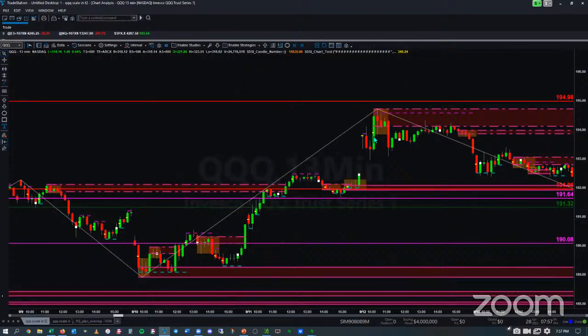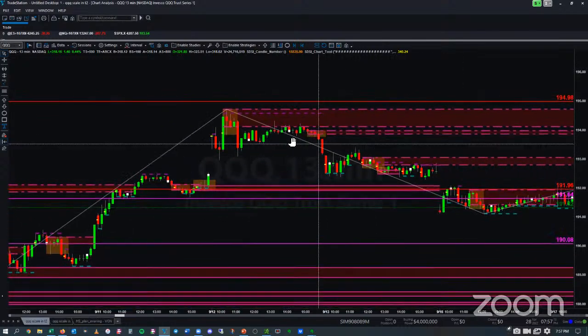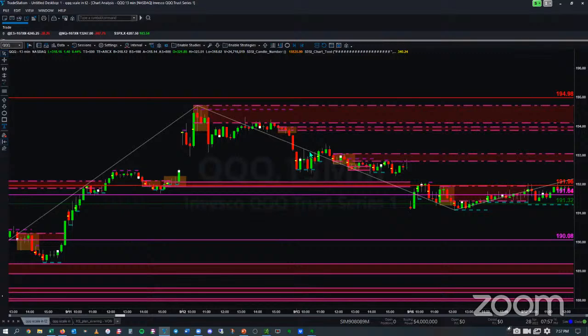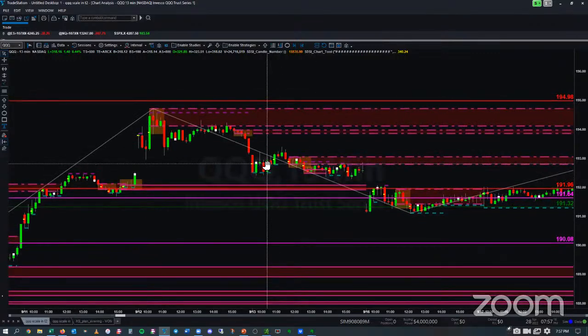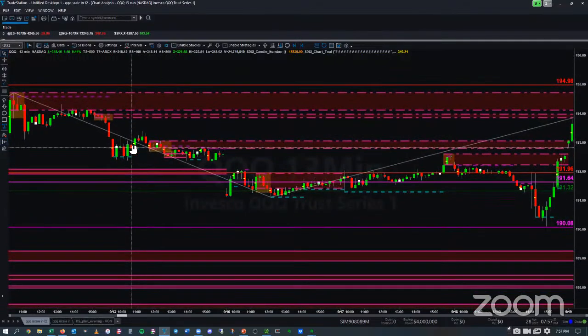But this band right here that was created, price hit it, and it did hold. And let's see. I'm not sure if this one got retested before we made 1-to-1 or not. No, and this band right here got retested before we hit 1-to-1.